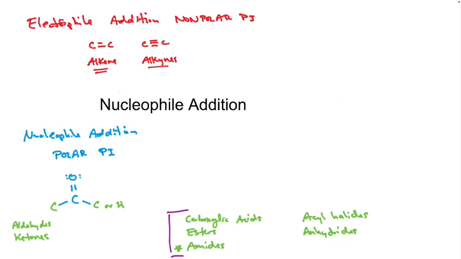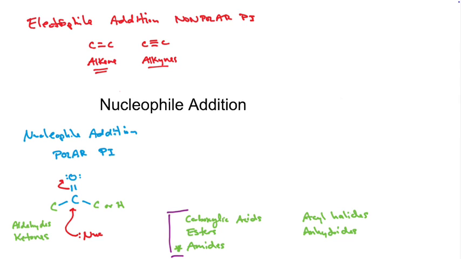When those go through and react with the nucleophile, electrons come in, we break the pi bond, and then that's it. We neutralize our kind of intermediates after that, and we're just kind of done with that chemical reaction.